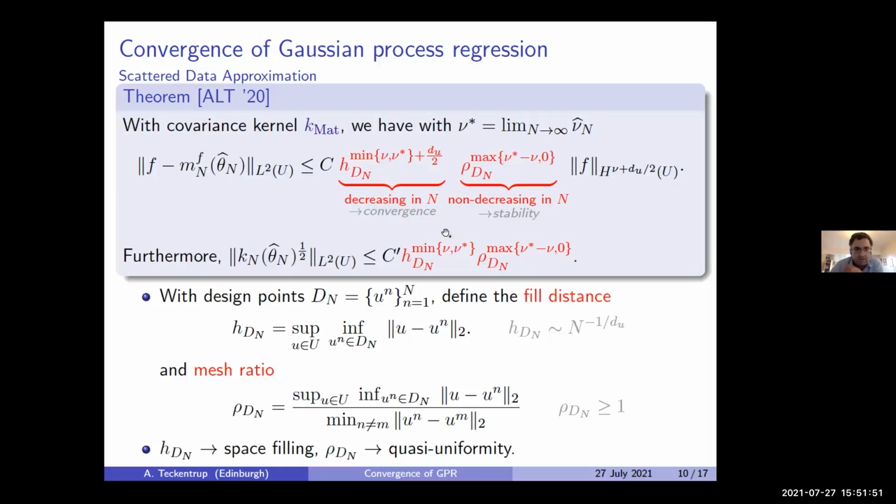Yeah, so the main idea in proving these kind of estimates is, if you look at this function f minus mnf, you know that this is 0 at the design points, right, because you're interpolating. And you also know that f has this kind of smoothness.